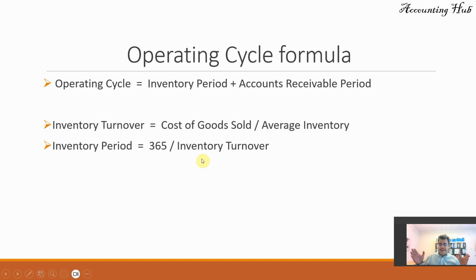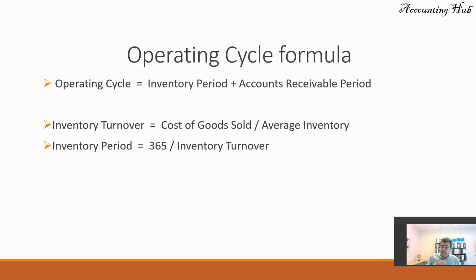We can combine it in only one formula, 365 divided by cost of goods sold divided by average inventory, or 365 times average inventory divided by cost of goods sold, and so on. So we can work with tons of different formulas.